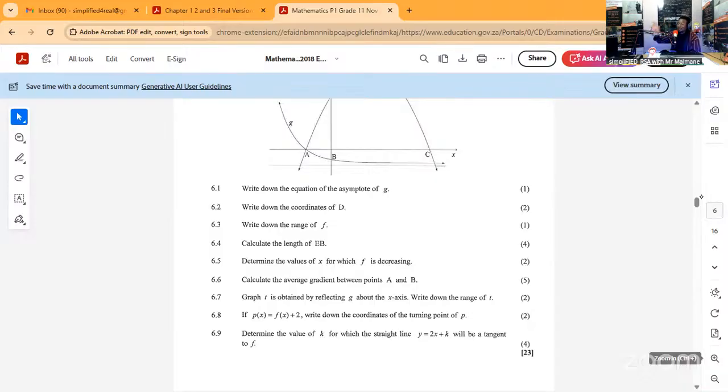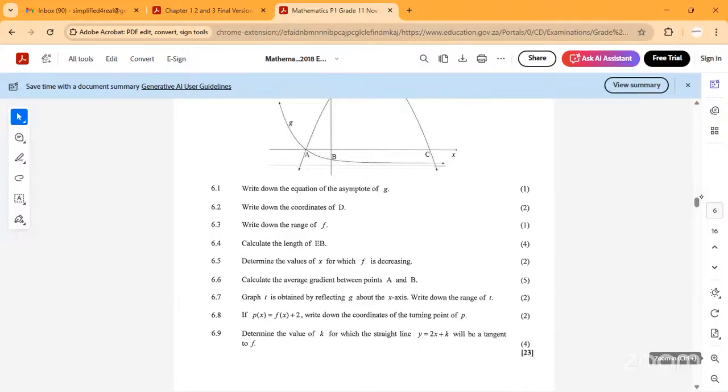This one: determine the value of k for which the straight line y is equal to 2x plus k will be a tangent to f. What does that mean? Determine the value of k.